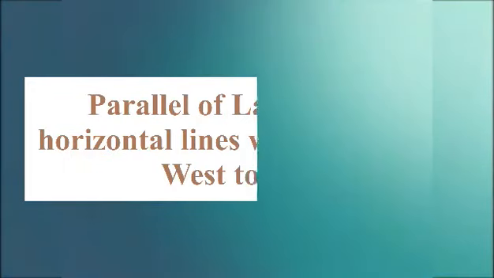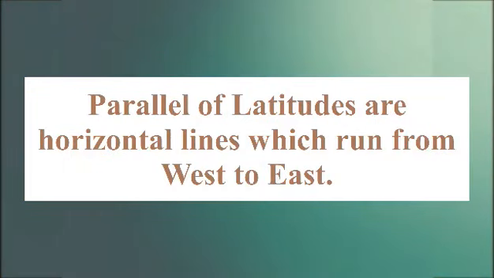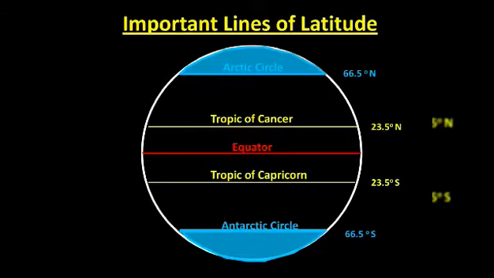Parallels of latitude are horizontal lines which run from west to east. There are 5 most important latitudes: the Equator, Tropic of Capricorn, Tropic of Cancer, Arctic Circle and Antarctic Circle.